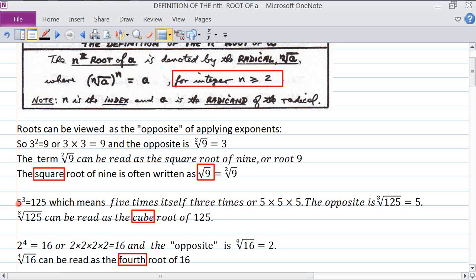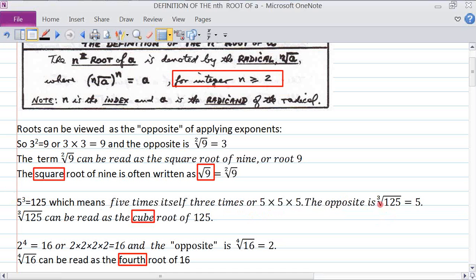Now let's take a little more complicated case: 5 cubed, or 5 to the power 3. Cubed means 3, so 5 to the power 3 means 5 times itself 3 times, or 5 times 5 times 5. That's what 5 cubed means.